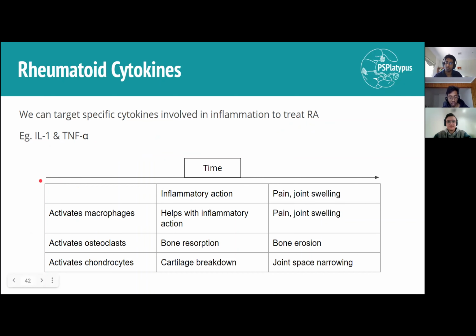For example, activating osteoclasts causes bone resorption, which causes bone erosion. Chondrocytes causes cartilaginous breakdown, which causes joint space narrowing. Activation of macrophages helps with inflammation, which causes pain and joint swelling. And generally, these cytokines do have inflammatory action in and of themselves, which causes pain and joint swelling.